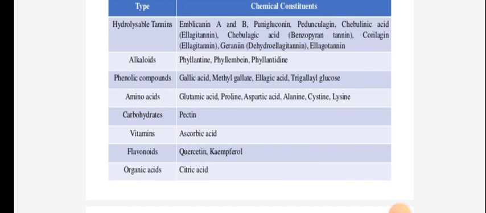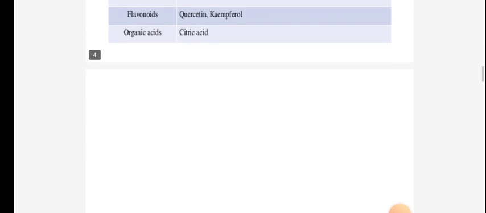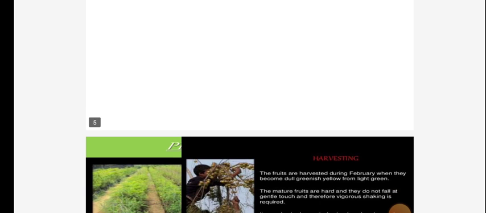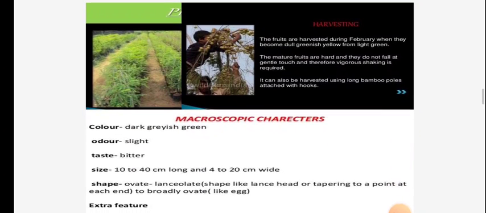Amino acids: glutamic acid, proline, cysteine, lysine. Carbohydrates like pectin. Vitamins as ascorbic acid. Flavonoids, quercetin or kaempferol, and organic acids, citric acid, right? So these are all about this amla.